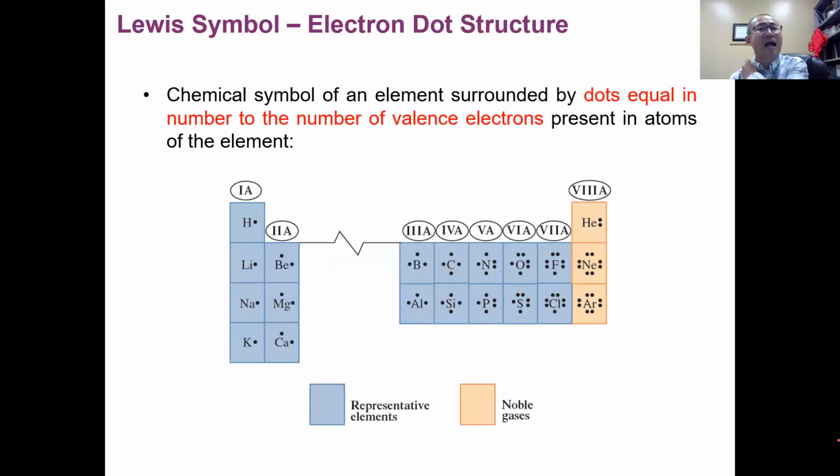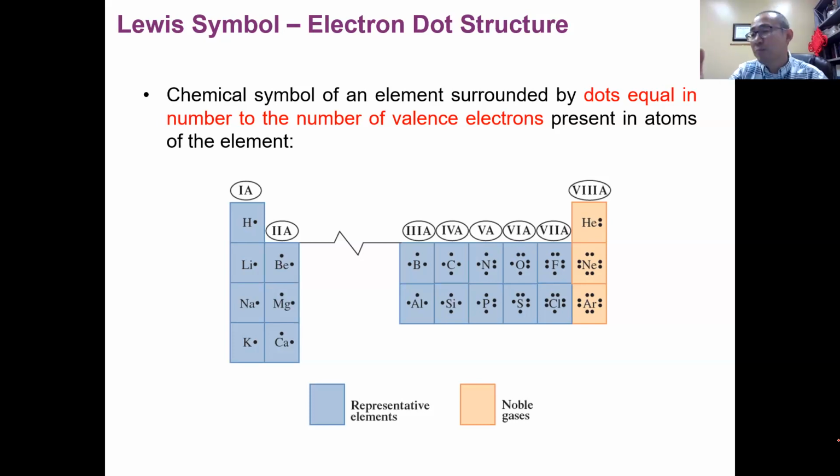Now, after we know the number of valence electrons, and also that these electrons are important for chemical bonding, we invented a symbolized version showing these electrons. We call that symbolized version the Lewis structure. In a Lewis structure, valence electrons are shown as dots surrounding the symbol. Of course, we're only showing the valence electrons, not all the electrons.